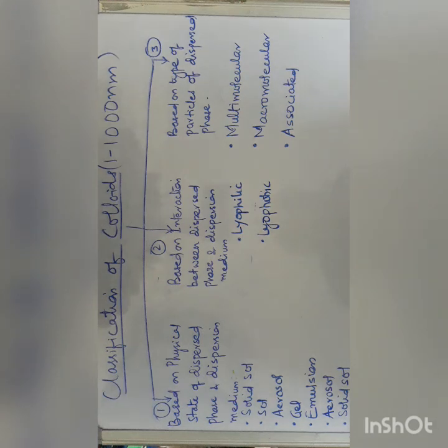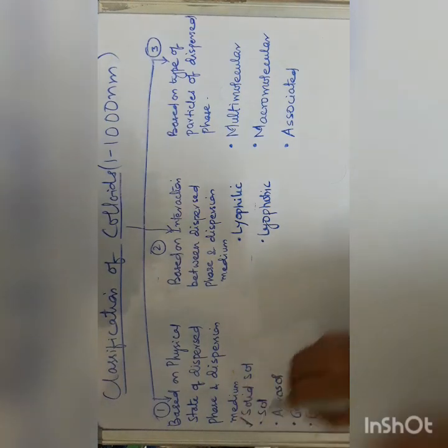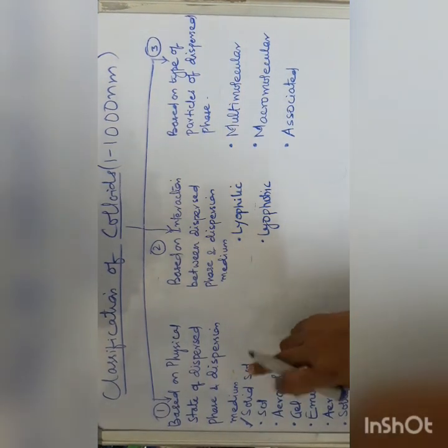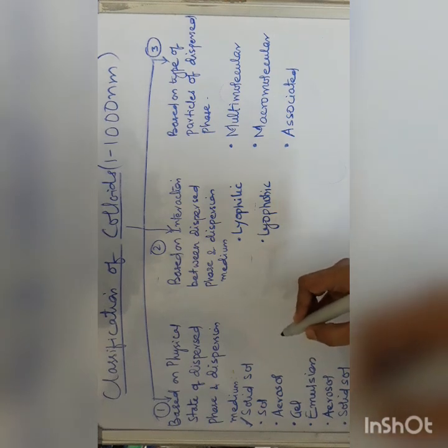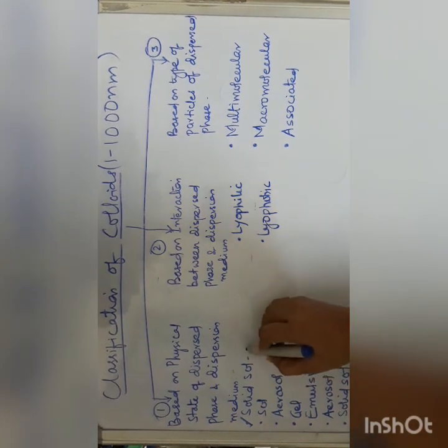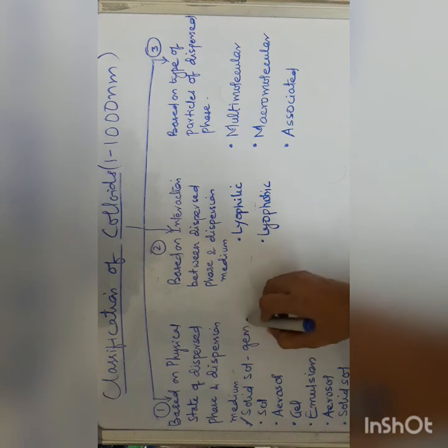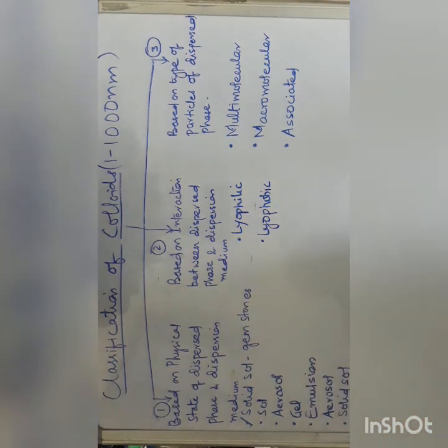So when the particles of the colloid are in solid state and dispersion medium also is in the solid state, then such a colloid is said to be a solid sol. Dispersed phase as well as dispersion medium both are in the solid state. So gemstones are an example of solid sol.